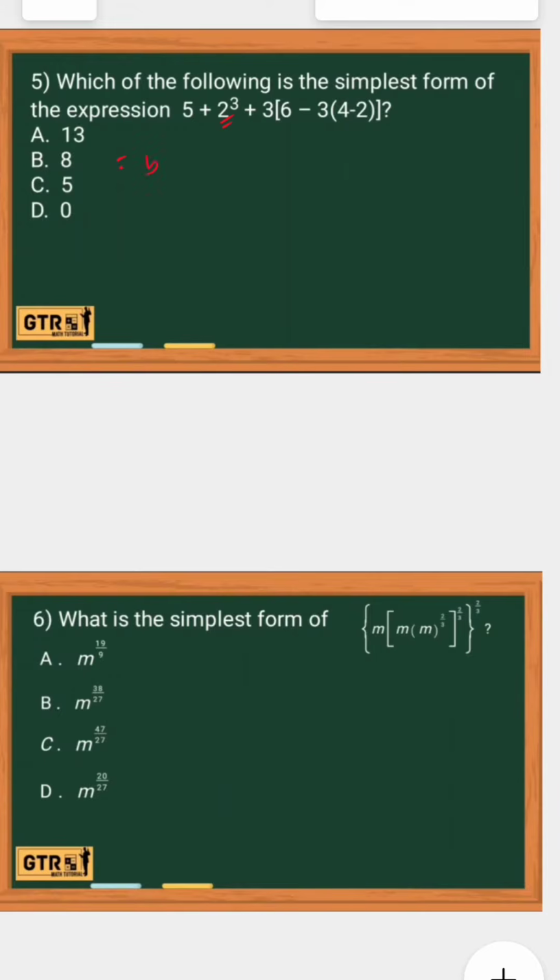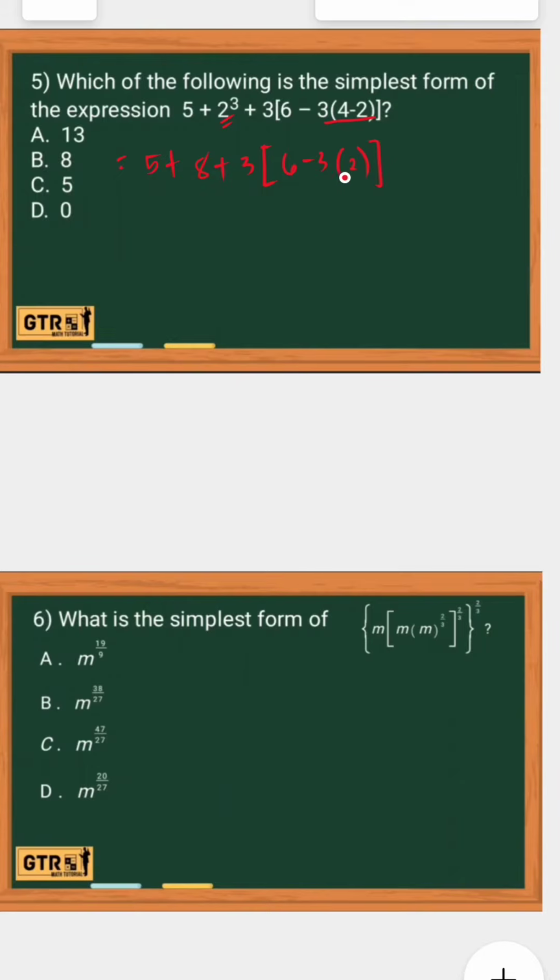So we have 5 plus 2 cube, so that is equal to 2 times 2 times 2, so that is 8, plus 3 times quantity. So simplify this, 6 minus 3, and then 4 minus 2, so that is equal to 2.